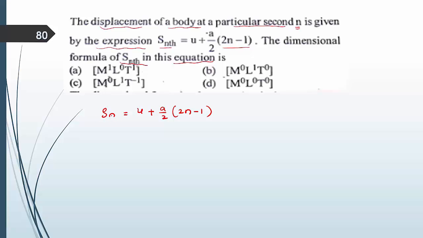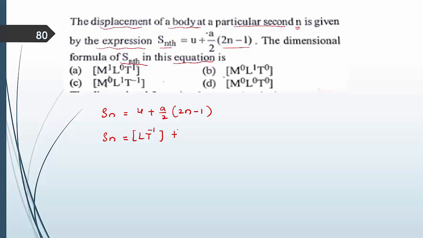N is time. Remember, I am going to write Sn is equal to u, velocity, initial velocity. Velocity is having dimension L T raised to minus 1, plus a divided by 2 here.